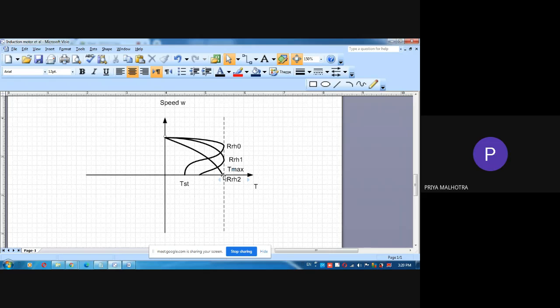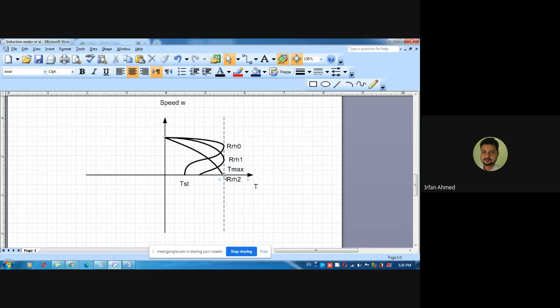So will you use this characteristic? Yes, because at the starting the speed is zero, the slip is equal to 1, and it is giving you maximum torque, but the amount of copper losses will be very high. Your motor efficiency will be very poor.